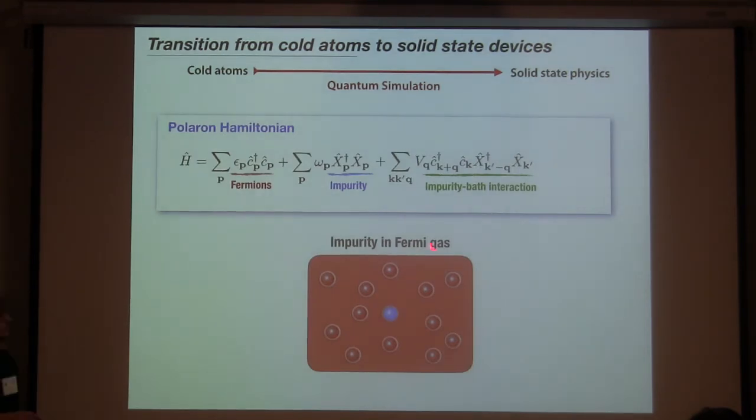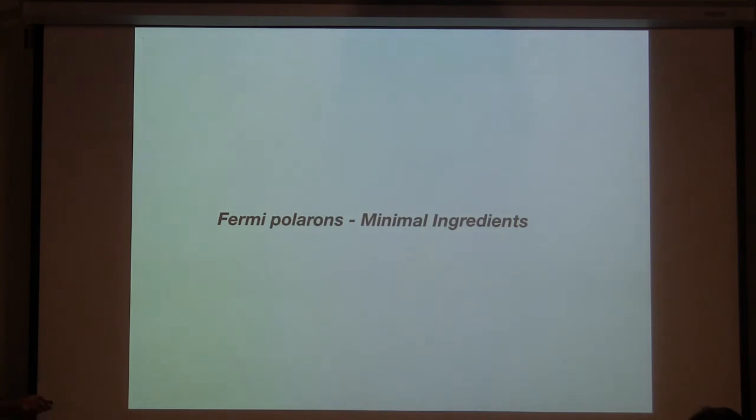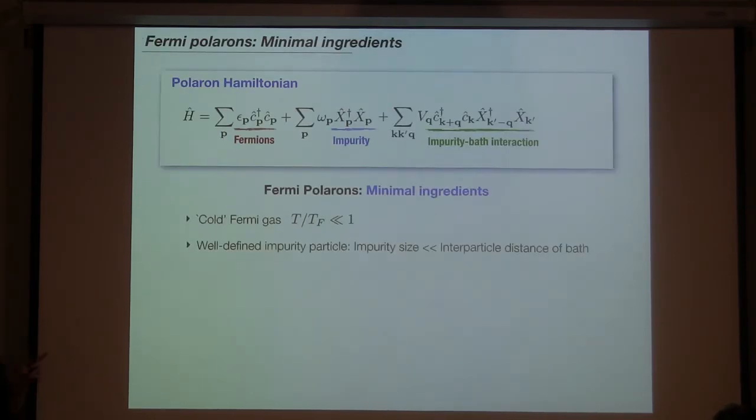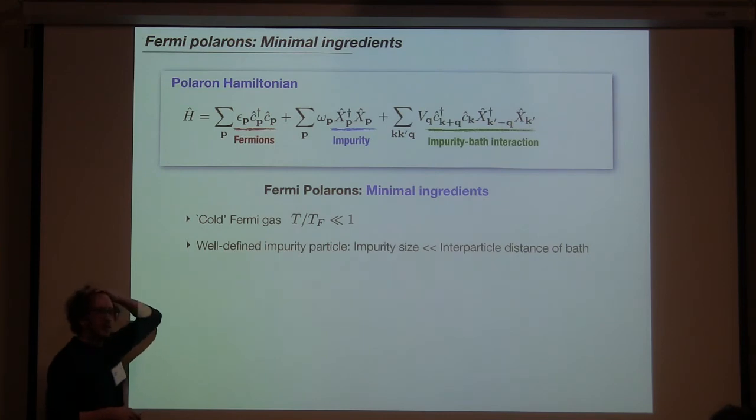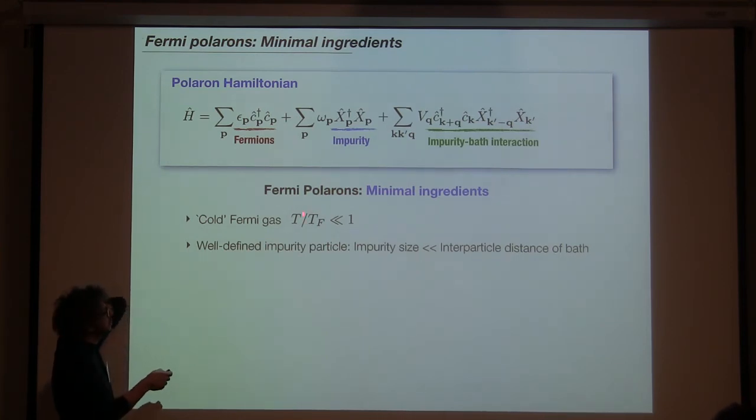Good, so we want to study impurity physics with this Hamiltonian, and this should generate Fermi polarons. But what are actually the minimal ingredients to see Fermi polaron physics? There are two things. We want to have this Hamiltonian, of course. But to have this Hamiltonian, we need number one a Fermi sea. And if it's super hot, then probably it wouldn't work nicely, so let's say the Fermi gas should be cold.